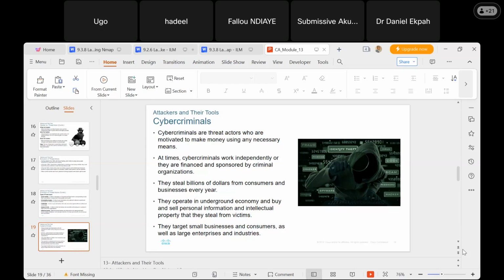That tells you the level at which cyber crime is going. They operate in an underground economy and buy and sell personal information and intellectual property that they steal from victims. They target small businesses and consumers as well as large enterprises and industries.